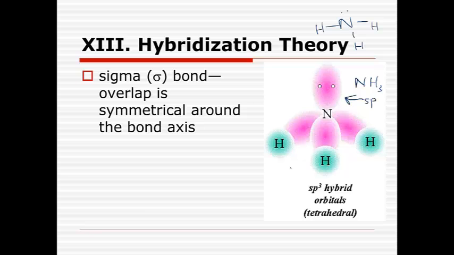How do you know it's sp3? Well, look at the Lewis structure. 1, 2, 3, plus the non-bonding pair makes 4, so it must be sp3. This is a sigma bond right here. One of the hybrid orbitals overlaps end to end. So when you get an overlap that is going end to end, then this is a sigma bond.